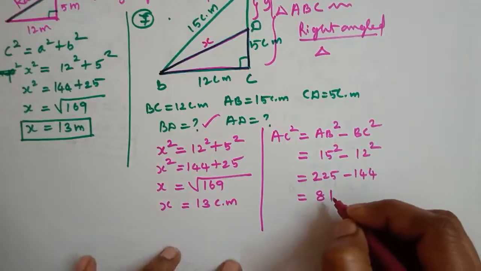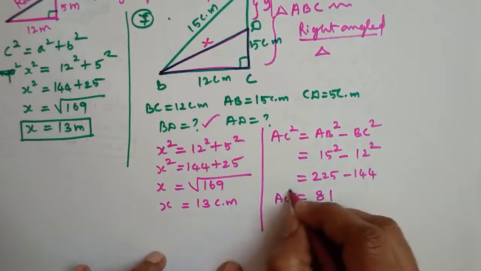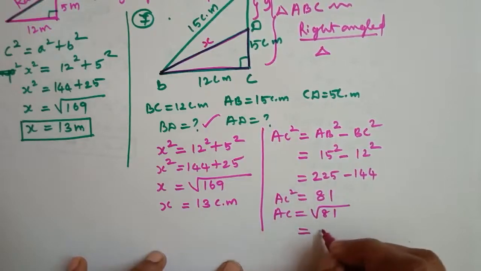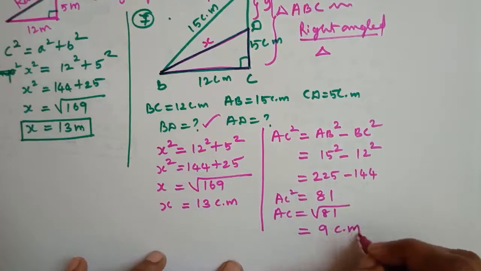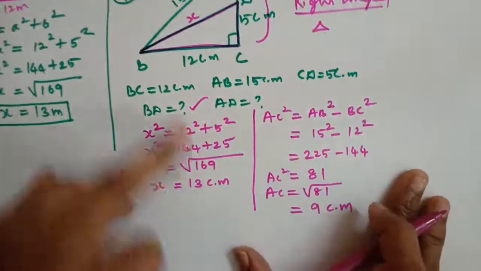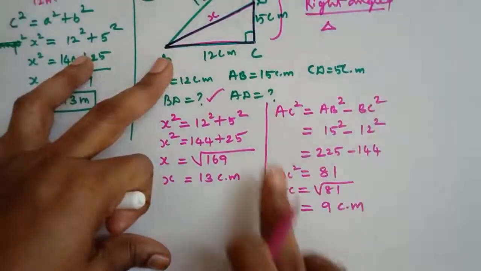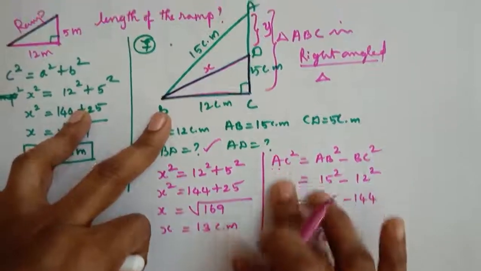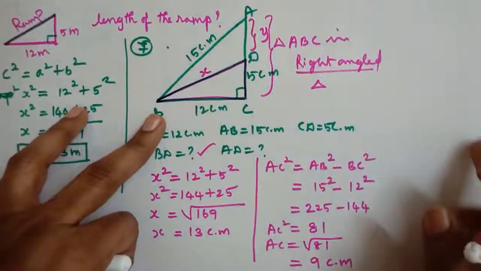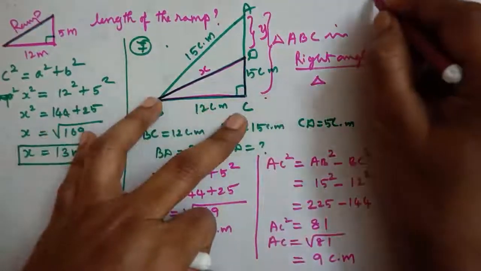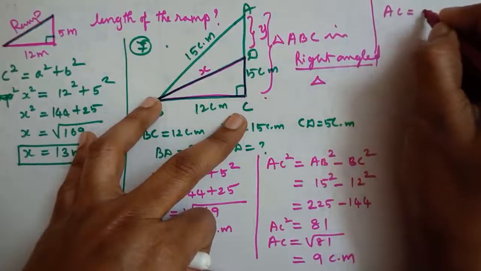AC squared is equal to 81, AC is equal to root of 81, therefore AC is equal to 9 centimeter.